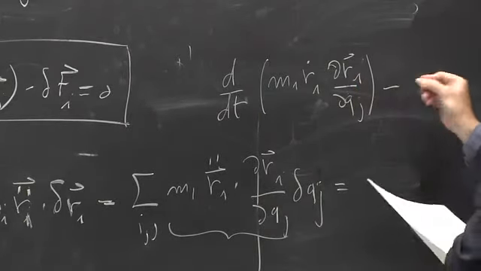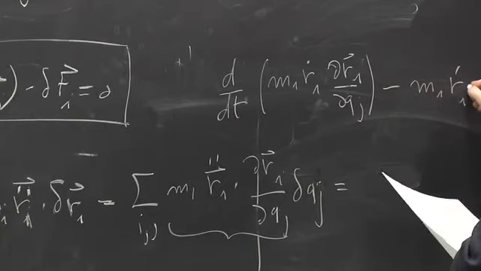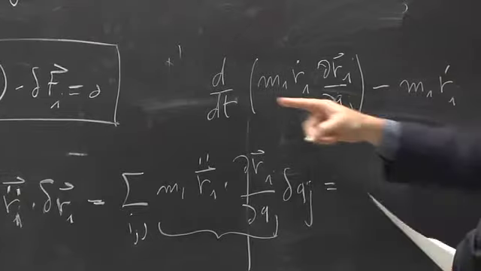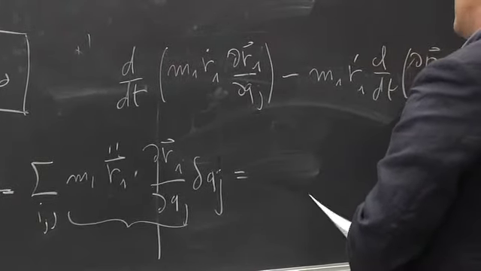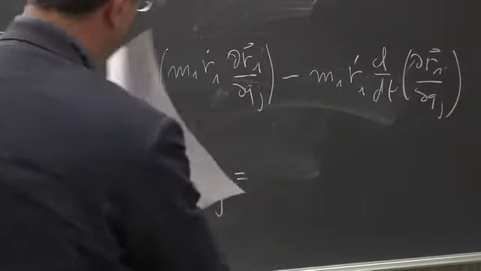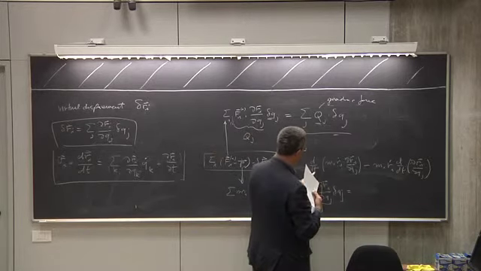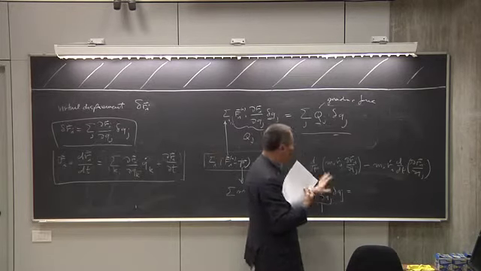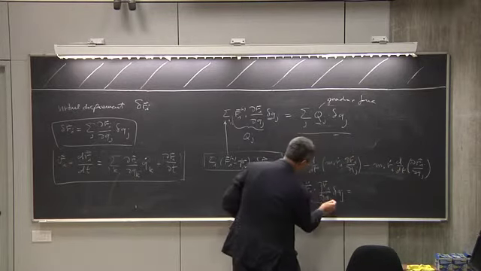So I have to subtract a part that is what? m_i r dot i times the time derivative of the last piece. Right? You see that? I mean, this sum is equal to this term, just this term here.